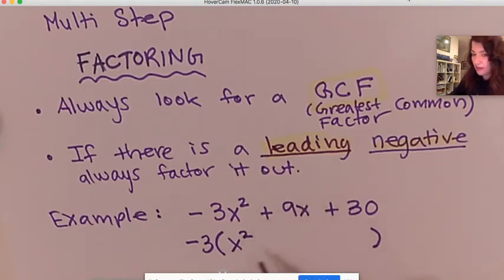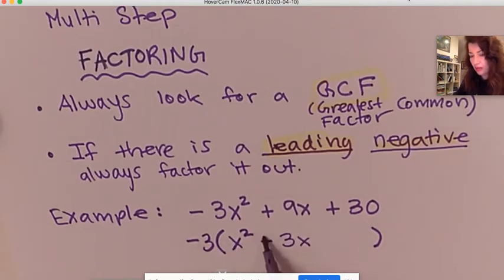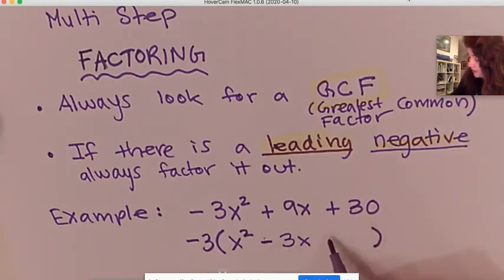Well, that has to be a negative because a negative times a negative is a positive. So we would say negative 3x. And you can always check your work. So negative 3 times negative 3x is 9x. Then the last one, negative 3 times what number here will give us positive 30? So that would be negative 10.